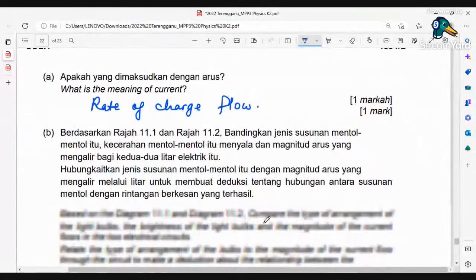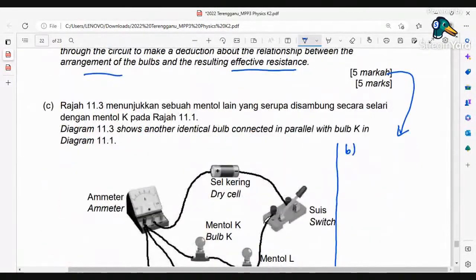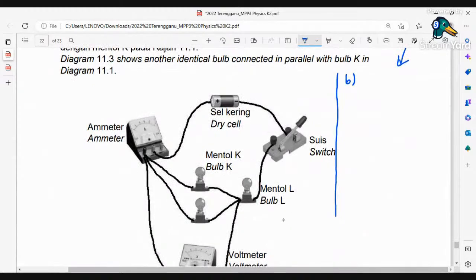Okay, 11.1 is series arrangement, and 11.2 is parallel arrangement.